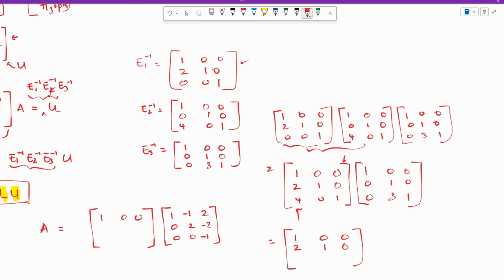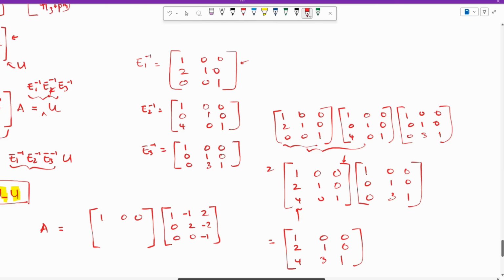What are you really doing here? Explain this in words and then we can easily write it down. You're taking 4 times the first row and adding it to the third row. 4 times the first row is 4, 0, 0. The third row is 0, 3, 1. If you add those two, 4 will come here. So 4, 3, 1. Okay, I hope that's clear.